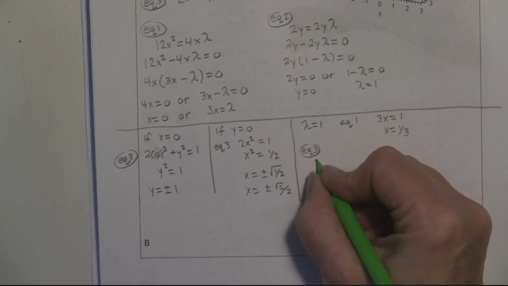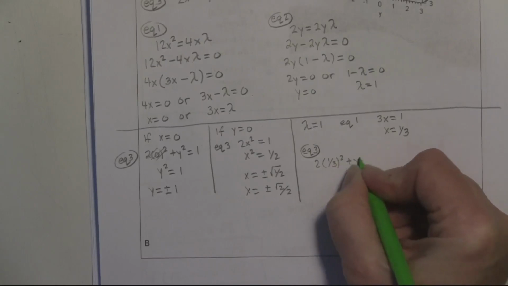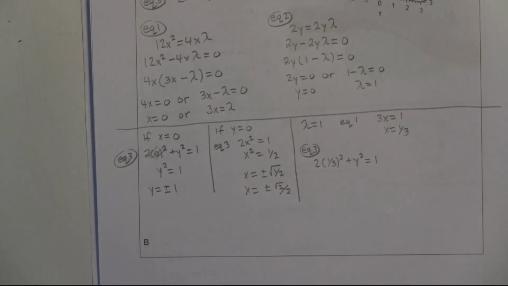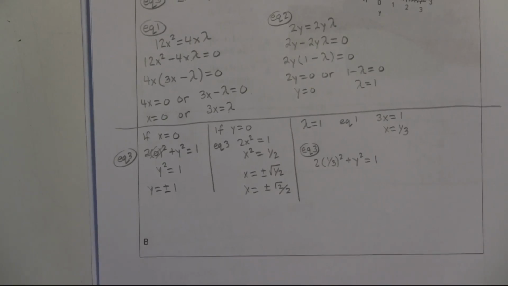So if I use x equals 1/3 in equation 3, so let's see here, 2 times 1/3 squared plus y squared equals 1. I'm just following that lambda equals 1 and going with, okay, if lambda equals 1, then from equation 1, that would mean that x equals 1/3.